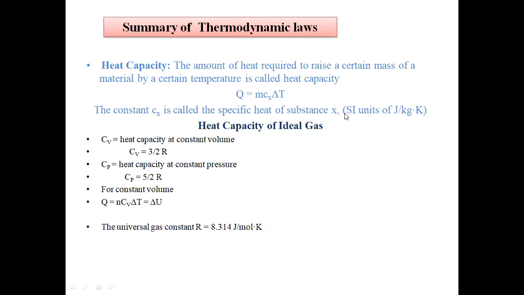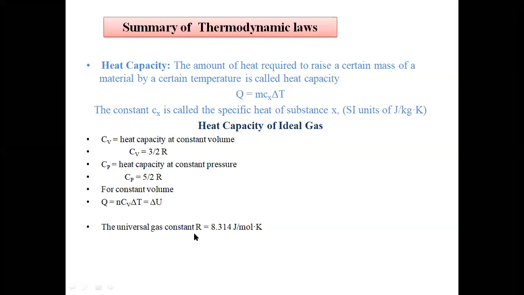Heat capacity of ideal gas. There is a heat capacity at constant volume, and for an ideal gas CV equals 3/2 times R. And heat capacity at constant pressure CP equals 5/2 times R. And for constant volume Q equals n times CV times delta T. And this is equal to delta U, the change of internal energy.